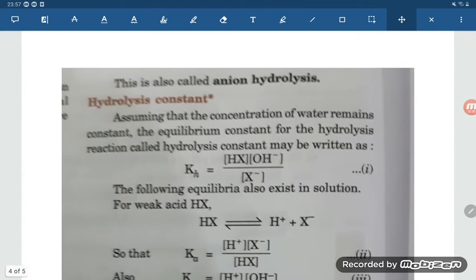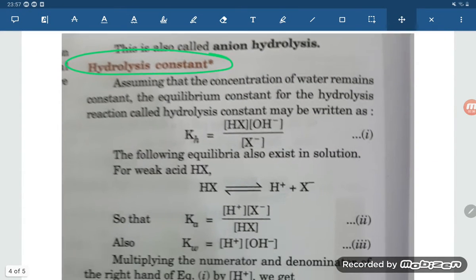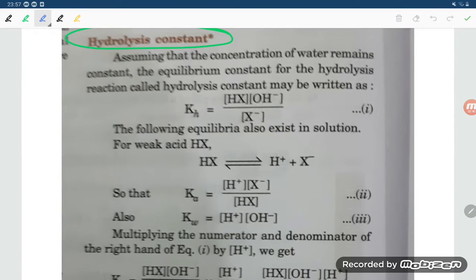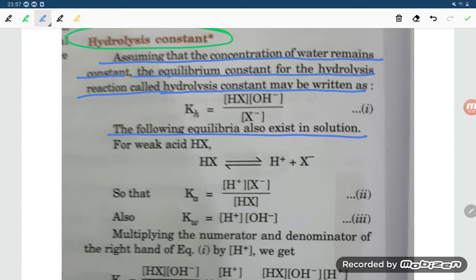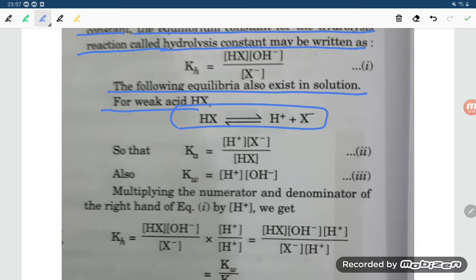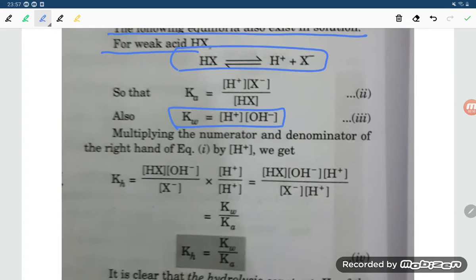Now you see, that is the hydrolysis constant. Assuming that the concentration of water remains constant, the equilibrium constant for the hydrolysis reaction is called the hydrolysis constant, represented as Kh = [HX][OH-]/[X-]. The following equilibrium also exists in solution: HX is in equilibrium with H+ and X-, so Ka = [H+][X-]/[HX]. Also Kw = [H+][OH-].